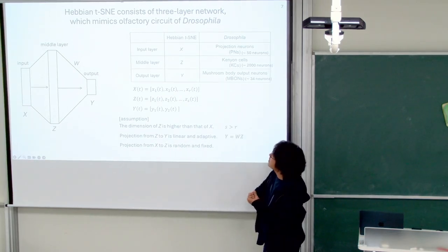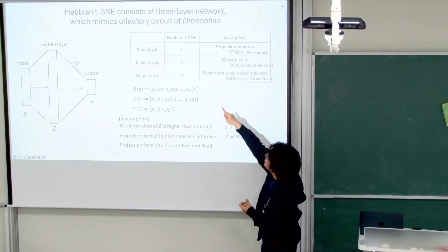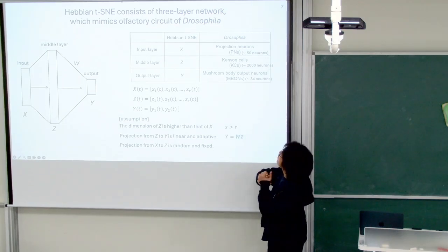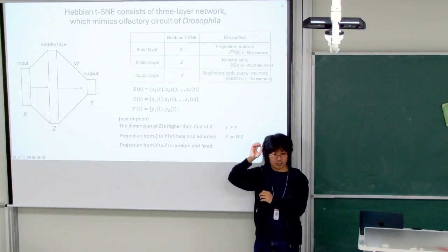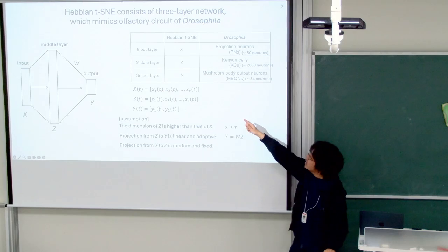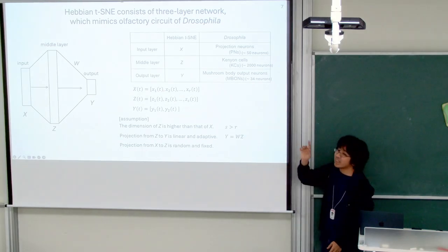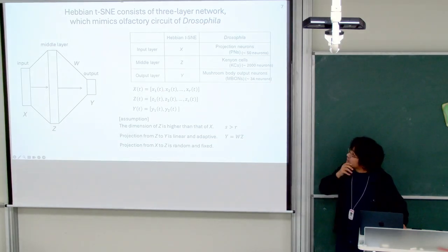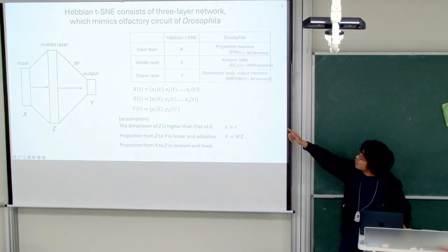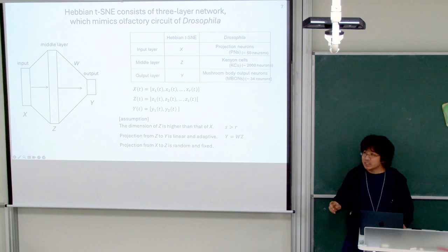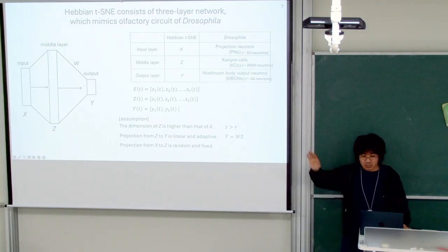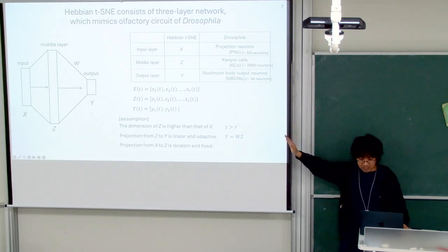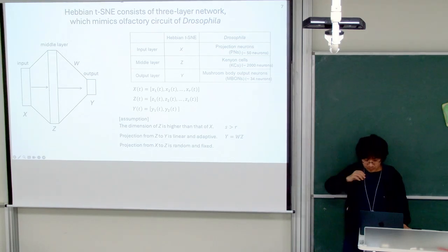The input layer corresponds to projection neurons in the Drosophila olfactory system, the middle layer corresponds to Kenyon cells, and the output layer corresponds to mushroom body output neurons. So this structure mimics a real biological circuit.